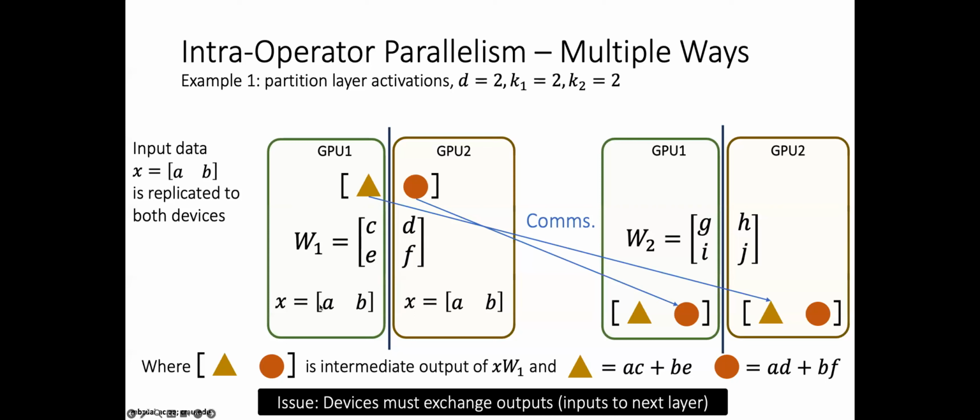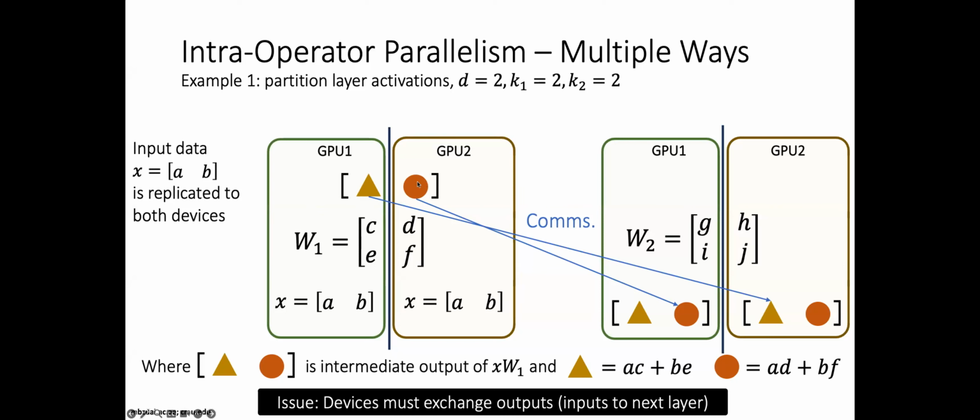Let's call the submatrices A and B from the data matrix X. Then we take this row X, multiplied by the columns in the left half of W1, to get this triangle, which turns out to be the first half of the neurons in the hidden layer. And then same for GPU2, it's going to compute the circle.